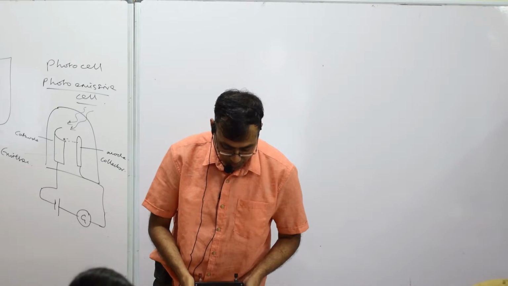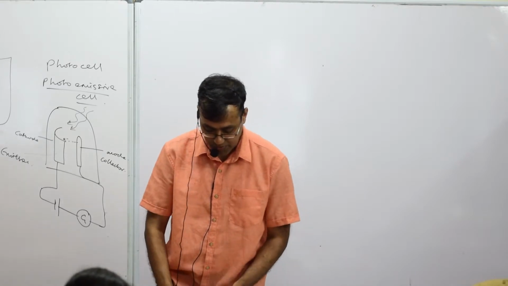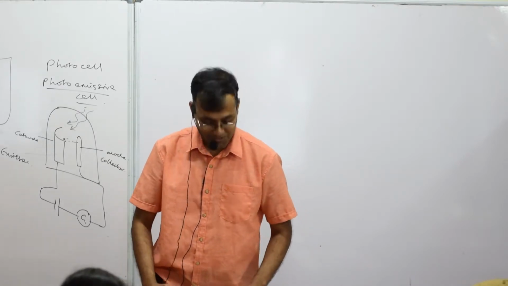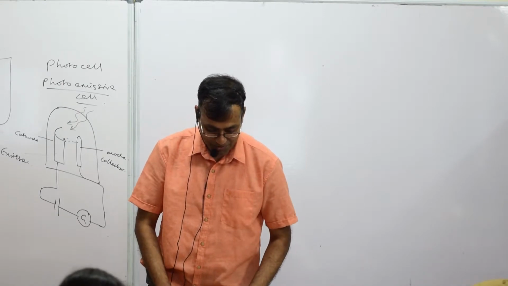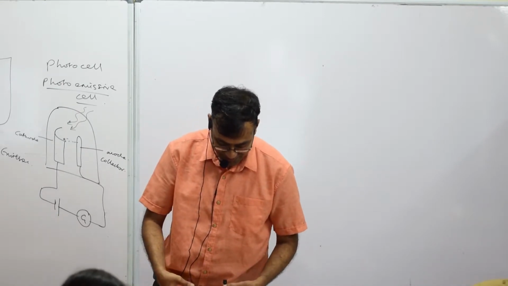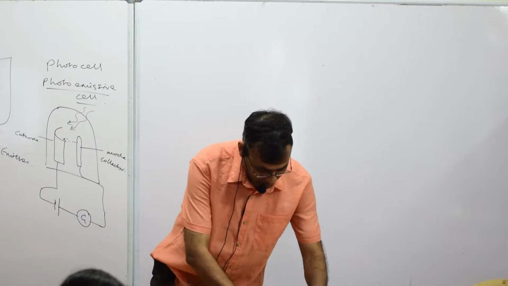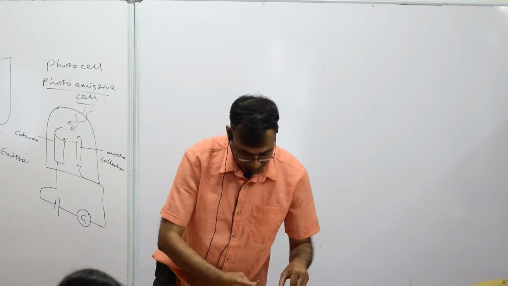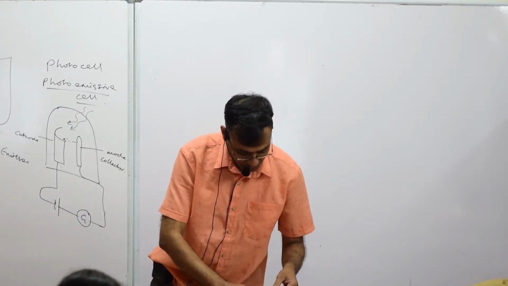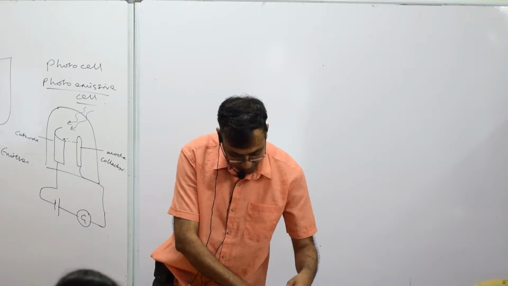But another problem I have is, this is supposed to be kept like this, which means you will not be able to see anything. Let me keep it like this. Let's see if it's going to work still. So this goes to the plus.